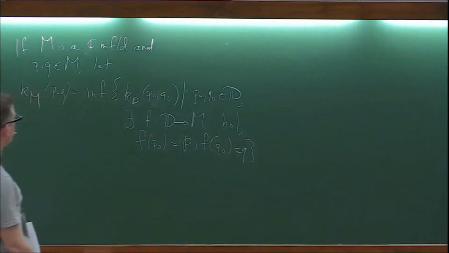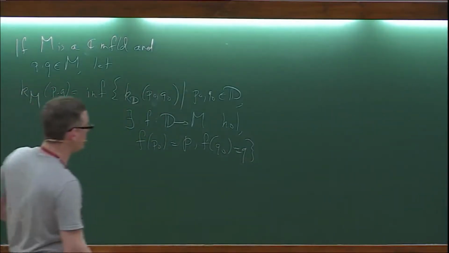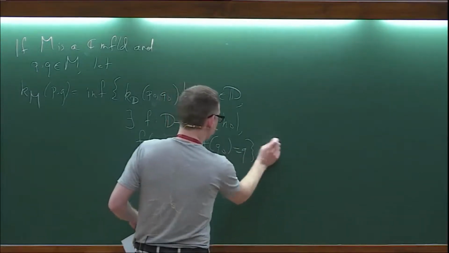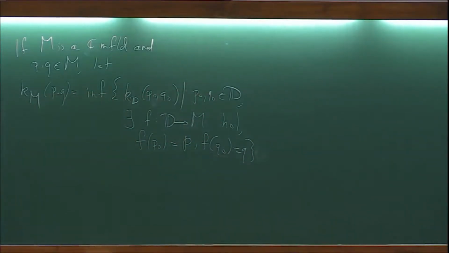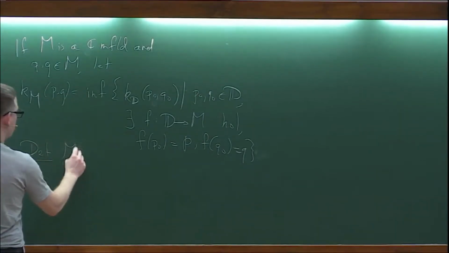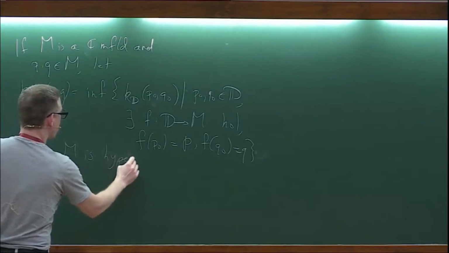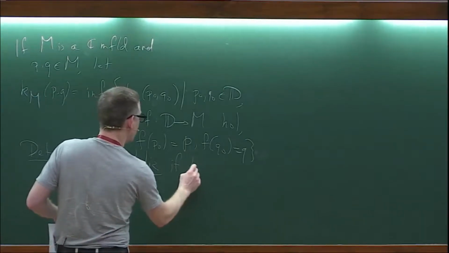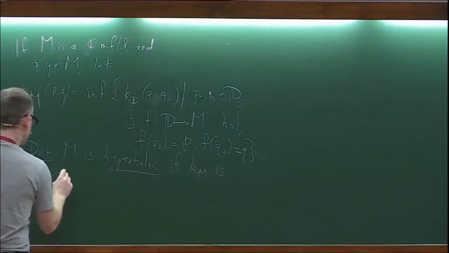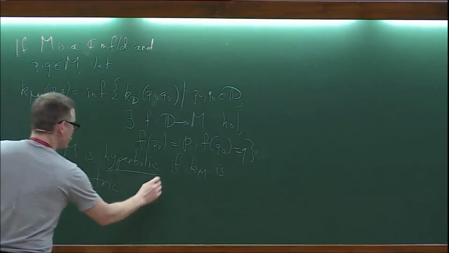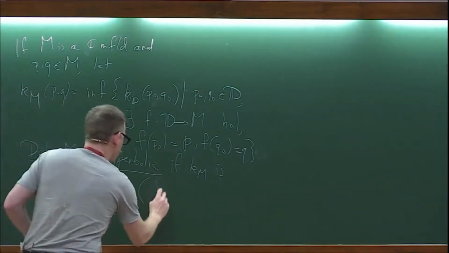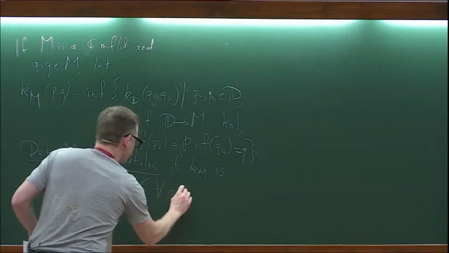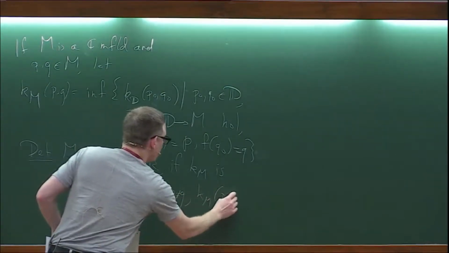And so it's the infimum of that, union infinity, which is a possibility, because there may be no such maps. But anyway, let's not worry about that. Let's let this be the Kobayashi pseudo metric, and the definition is that M is called hyperbolic, or Kobayashi hyperbolic, if Km is a metric, which is really the problem: we need to make sure that for all P and Q, P not equal to Q, Km of P and Q is positive.